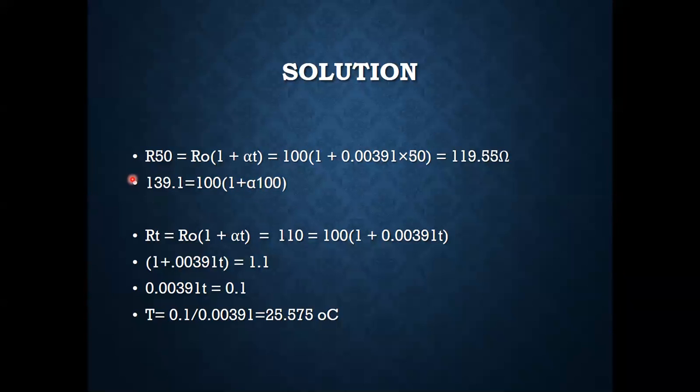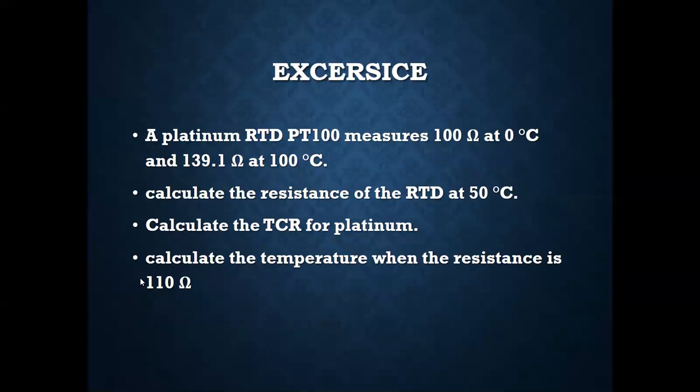This 100 has to be taken to the left side. Here it is multiplying; when it goes to the left side, it will become division. So alpha is equal to 0.00391.